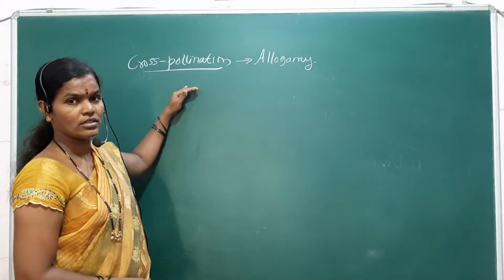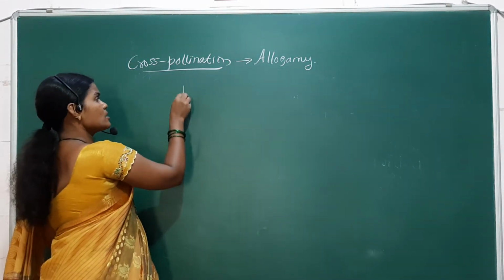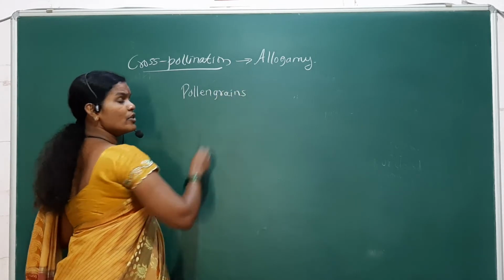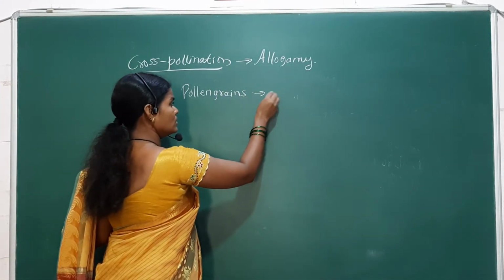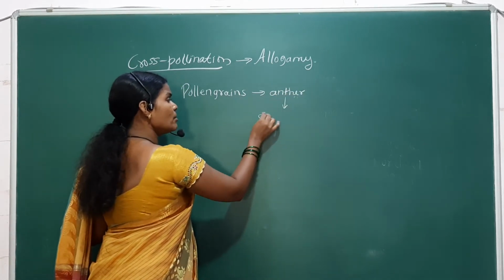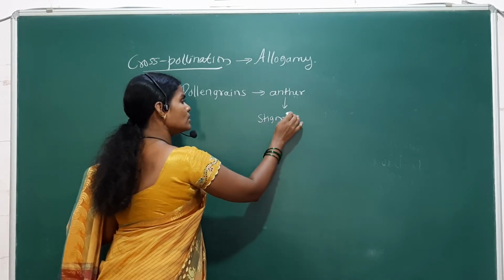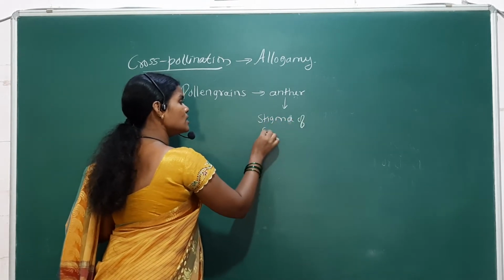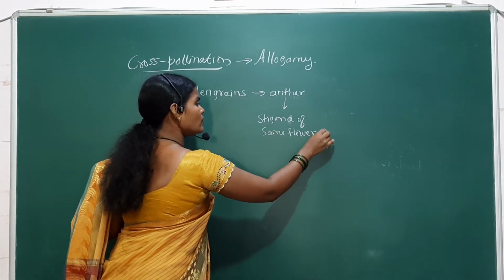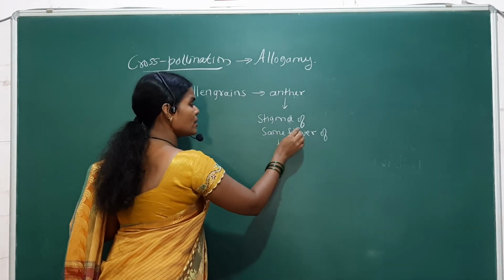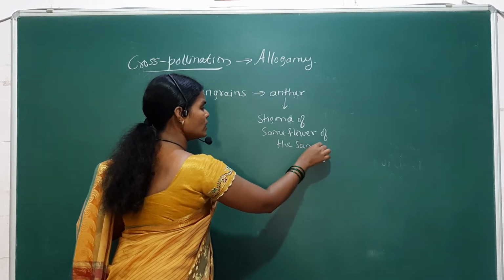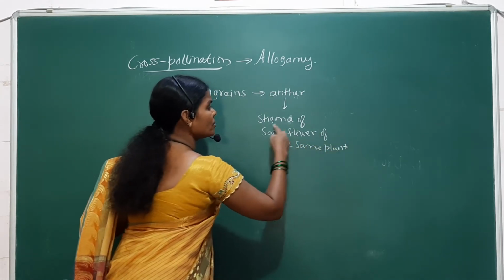Here what happens, students? Transfer of the pollen grains from the anther of the flower to the stigma of the same flower of the same plant body. Sorry students, it should be another flower.